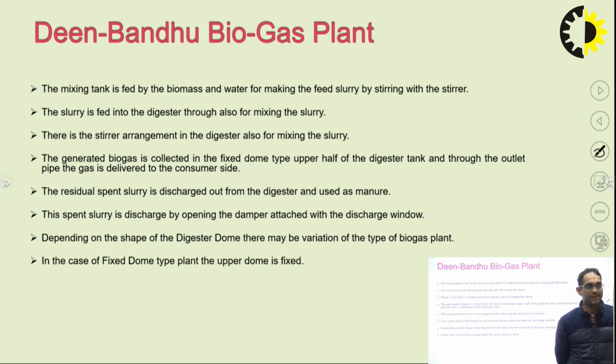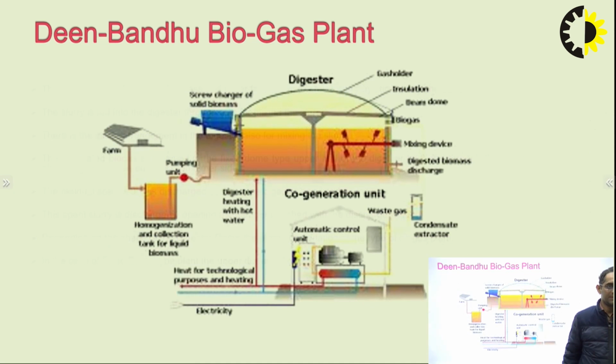The residual spent slurry is discharged from the digester and used as manure, and this spent slurry is discharged by opening the damper attached to the discharge window.